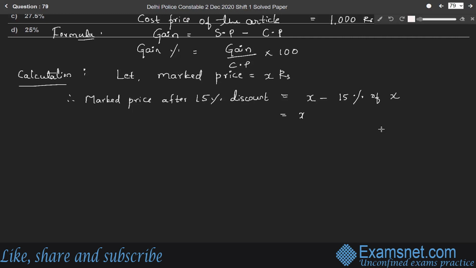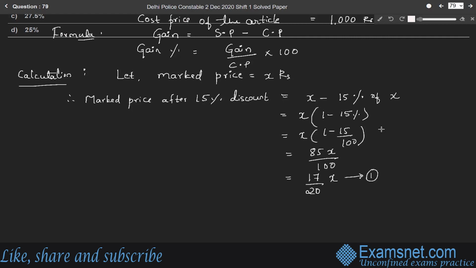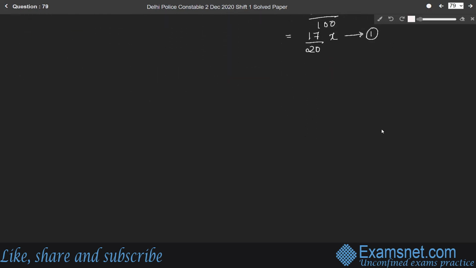So which is equal to X into 1 minus 15 by 100, which is 85X by 100, right? Or you can still simplify, which is 17 by 20X. Consider this as equation 1. So market price after 15% discount is 17 by 20X, right?